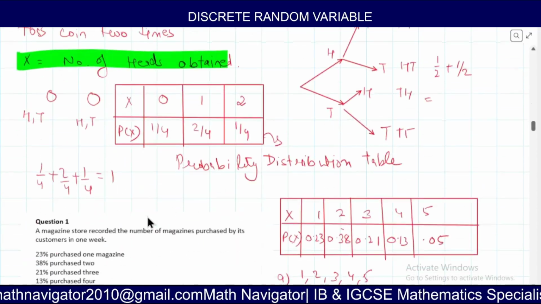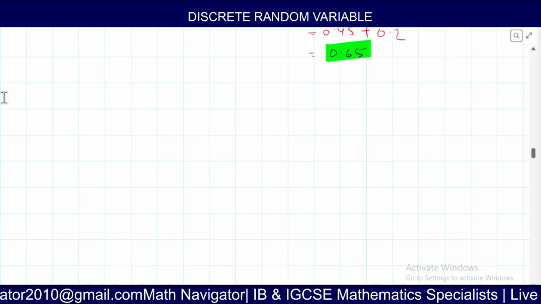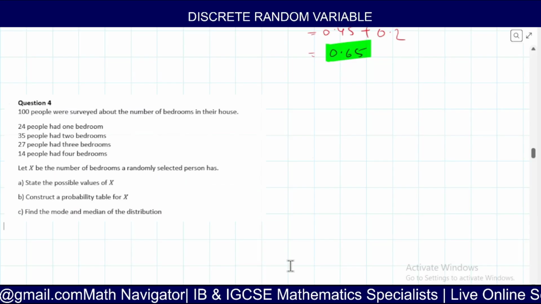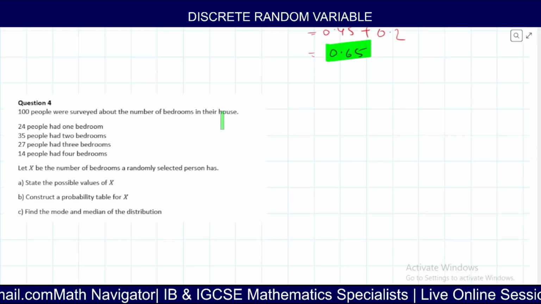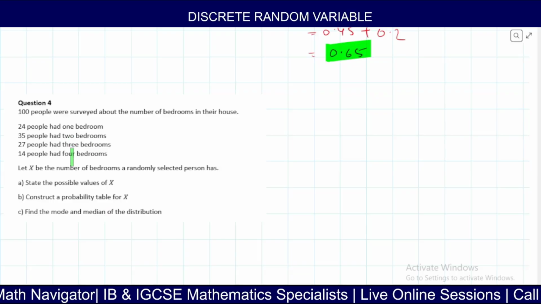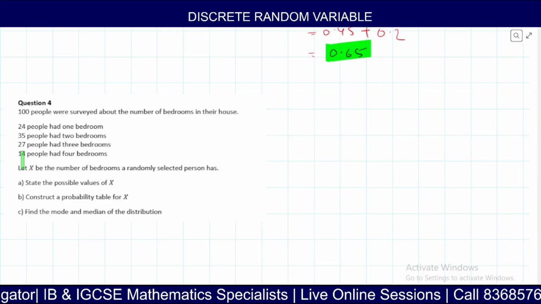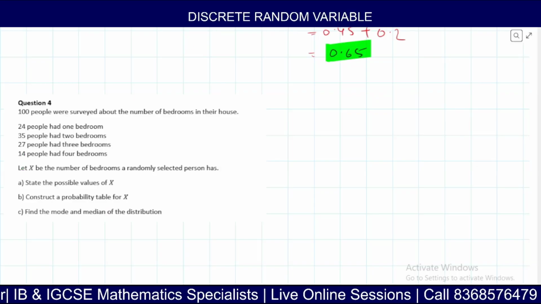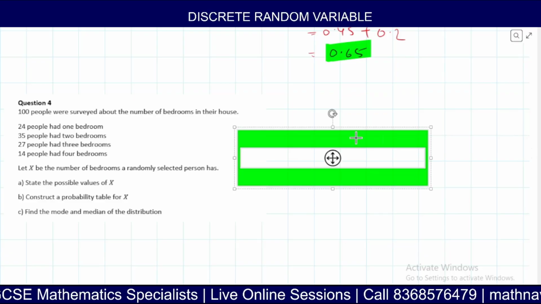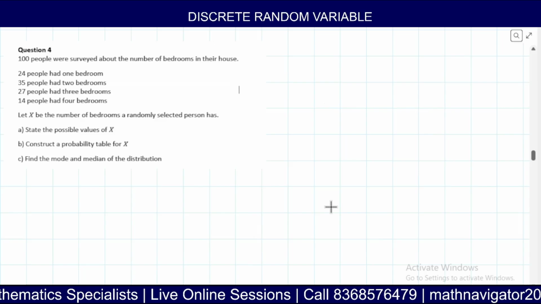Let's see what we have here. 100 people were surveyed about the number of bedrooms in their house. 24 people have one bedroom, 35 people have. So first, what we need to do is we need to create a distribution table. So let's make this first. Or let's delete it and make it again.